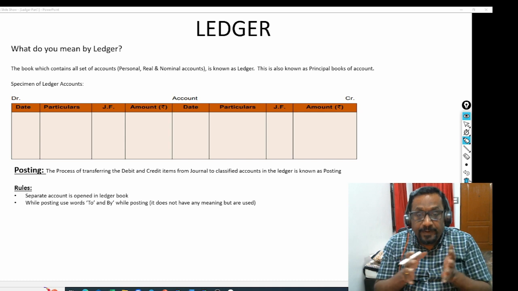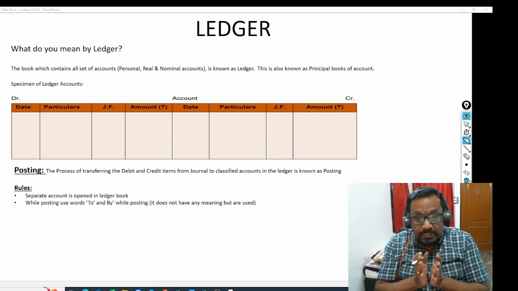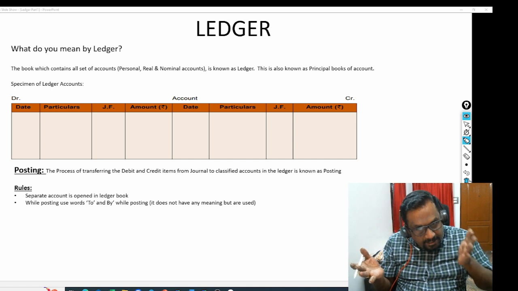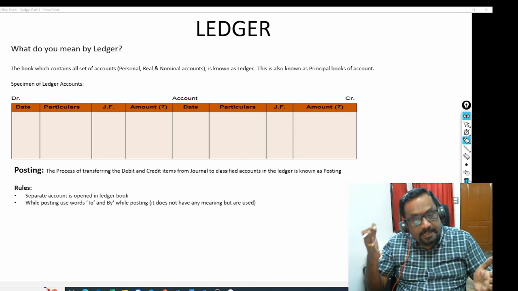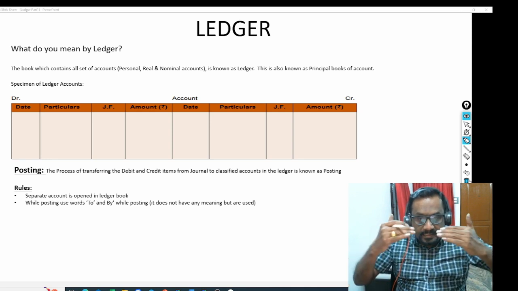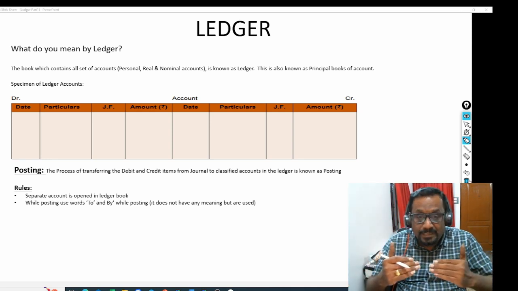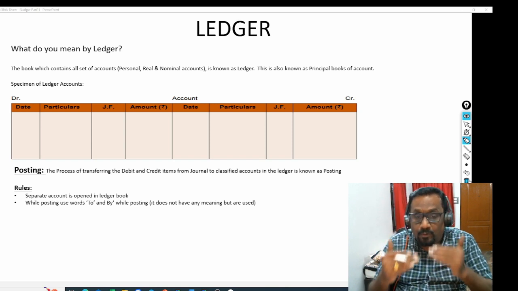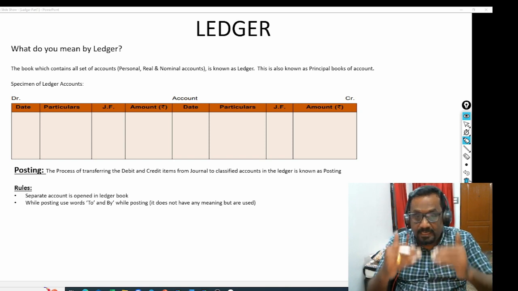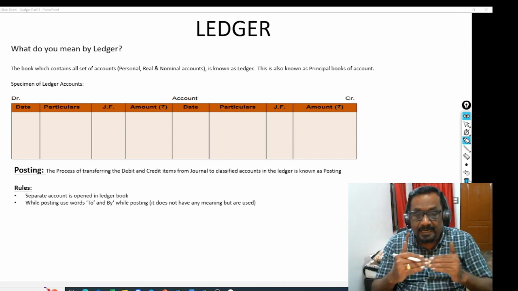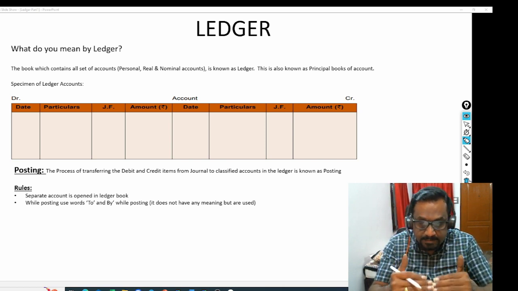So account is a classified statement which has two sides, left hand side and right hand side. Left hand side is called the debit side, right hand side is called the credit side. And this account gives us the final balance of that particular account. If it is a real account, it will give the final balance of the real account. If it is a personal account, the final balance of the personal account.